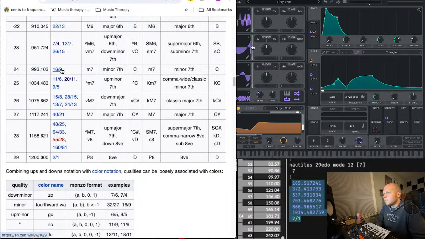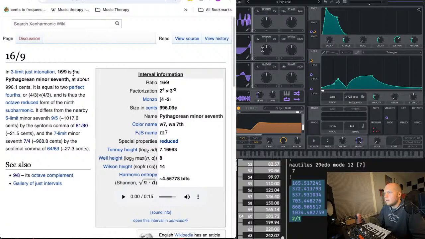I'll just look at 16/9. It's the Pythagorean minor seventh. 3 limit just intonation. It's just two perfect fourths. So a fourth is just an inversion of a fifth.